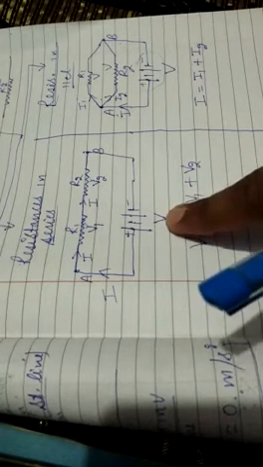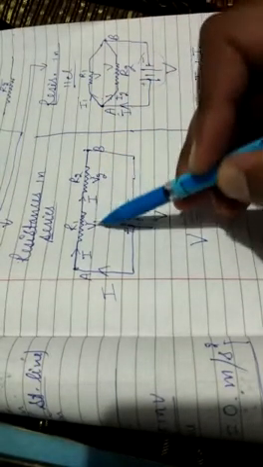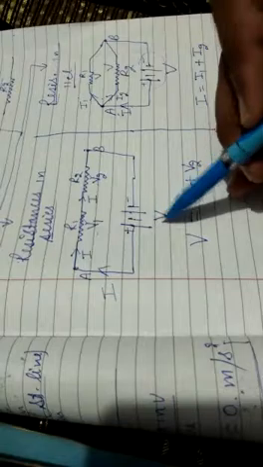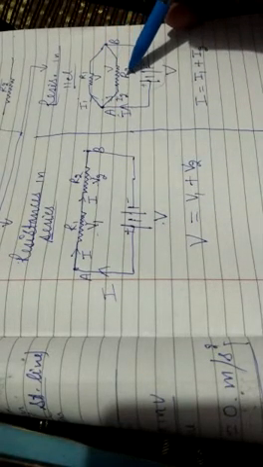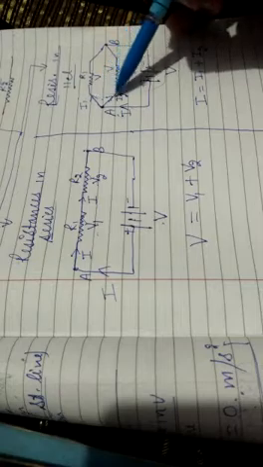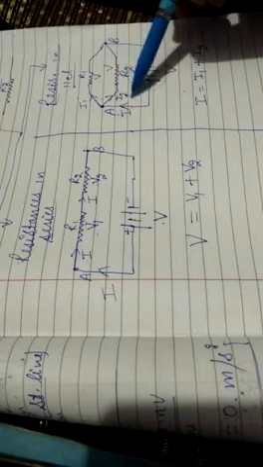Now I hope the difference between the two has been clear. Here the potentials are different, but the sum remains equal to this. Here the potentials are the same, but the currents will be divided, but their sum remains equal to the total current.